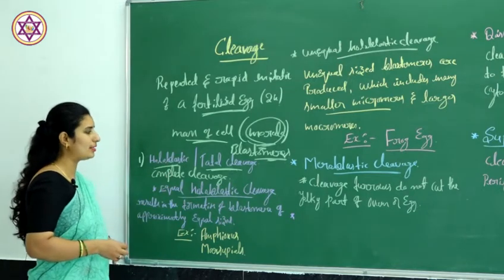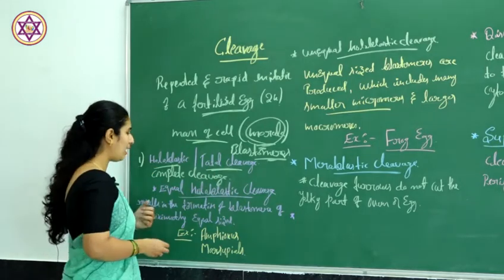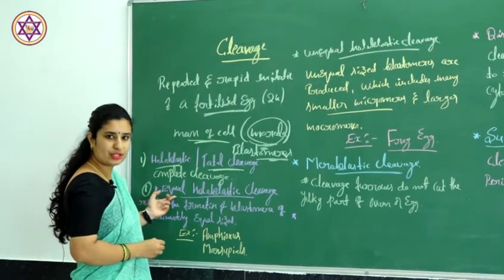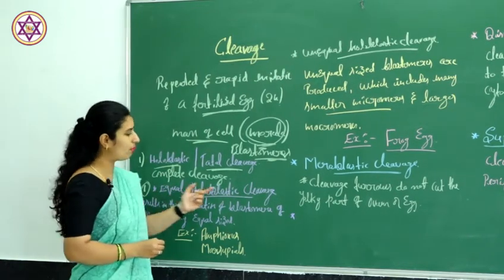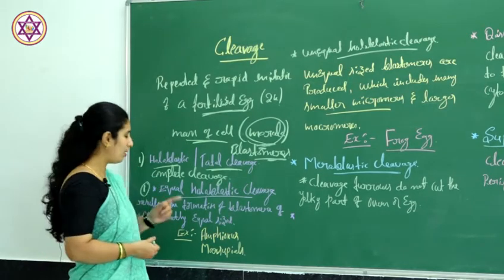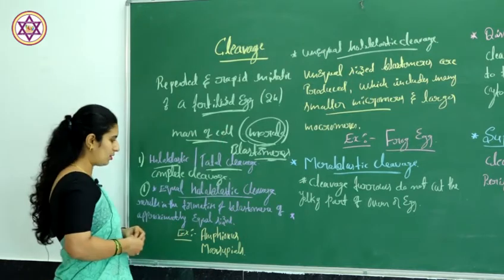That is holoblastic cleavage. Under this holoblastic cleavage, we have two types: the equal holoblastic cleavage and the unequal holoblastic cleavage.